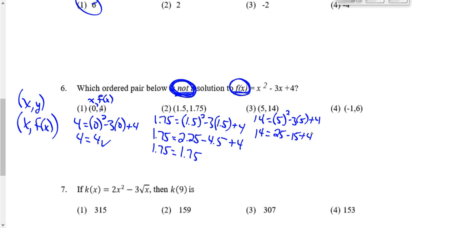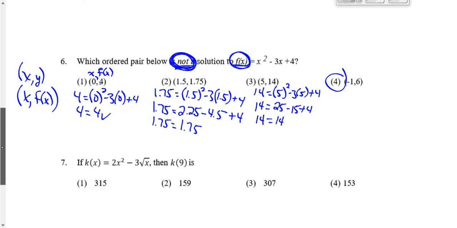I was doing 14. So 14 equals what? It's 14, right? I put 14 every time. Now, the good news is you don't have to check the last one, do you? No. It's got to be, unless it's another screw up like yesterday, but okay. Choice 4. All right. One more.